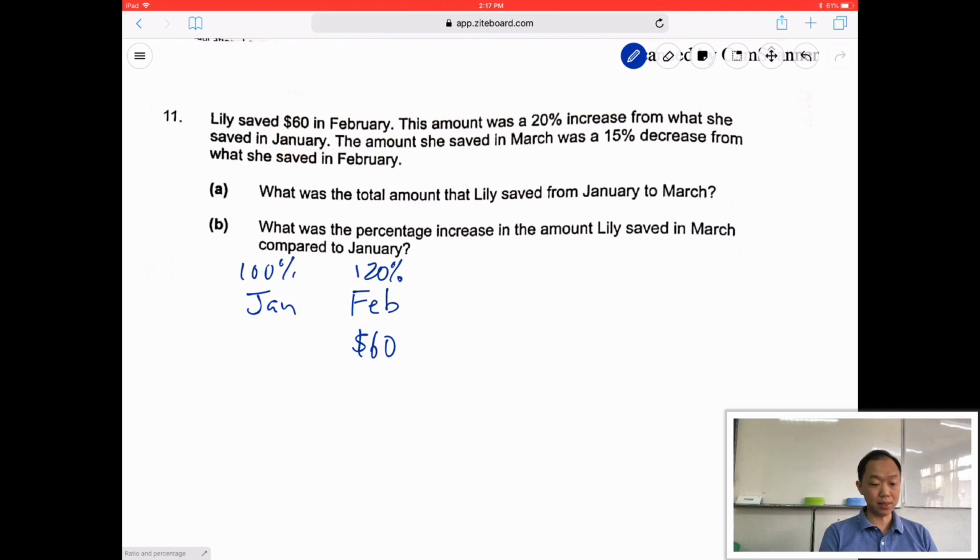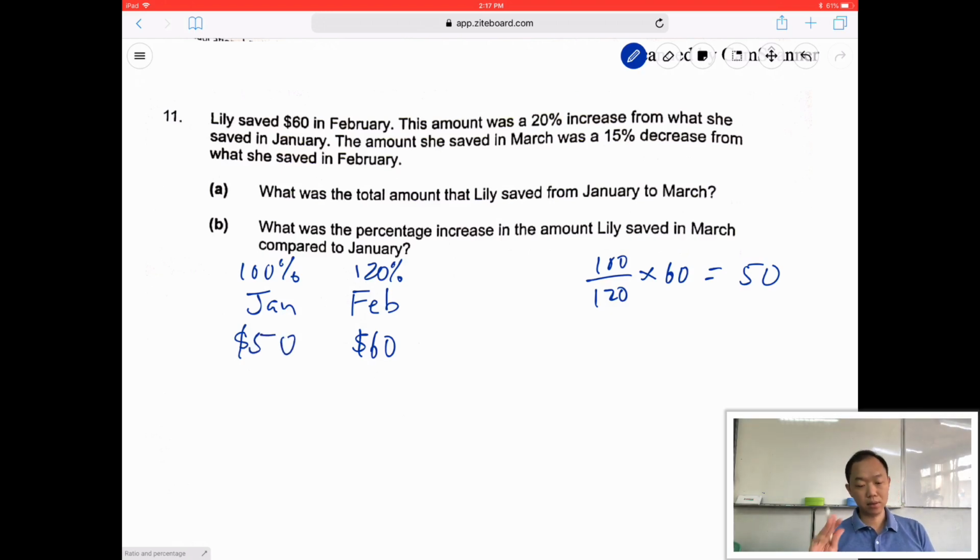So January is 100%. First thing we need to do is to find what is the 100%. Okay, so how to find 100%? We take 100 divided by 120 times 60, $50. So in January, she saved $50.